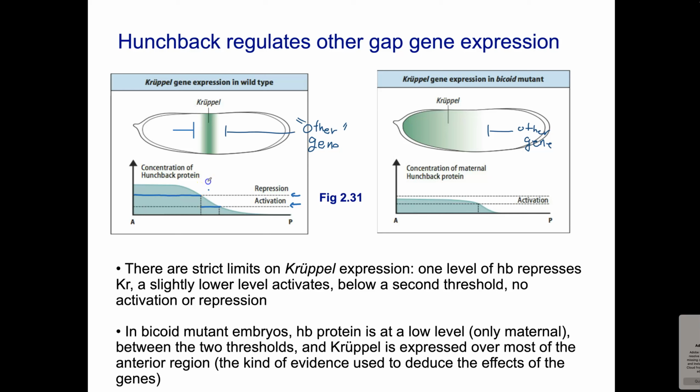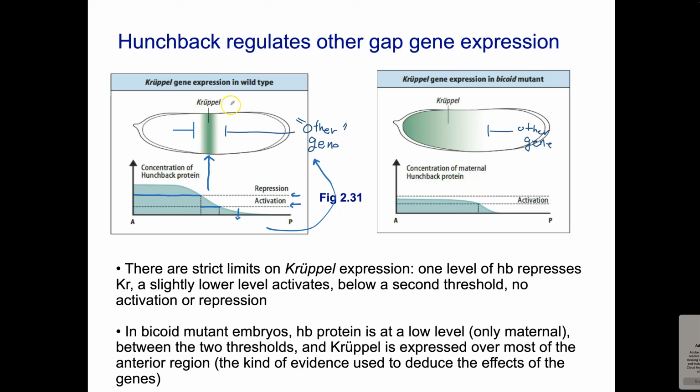Then you get activation of the Kruppel gene's expression. And then below this amount, there's not enough hunchback to have any effect, either activation or repression. And at this point, it is in fact a different gene that sets where the posterior boundary of Kruppel expression is going to be.